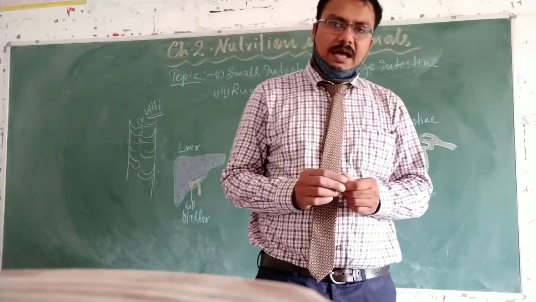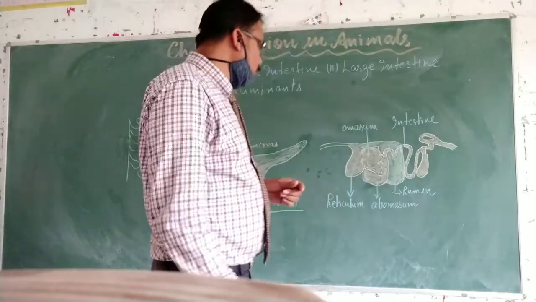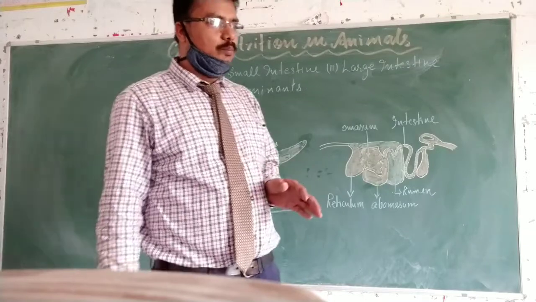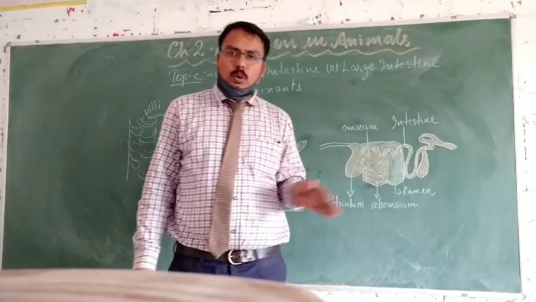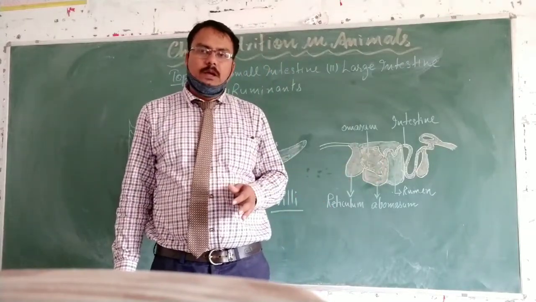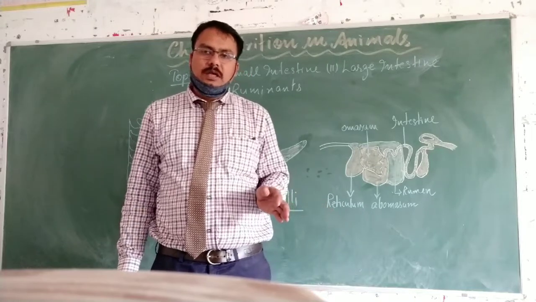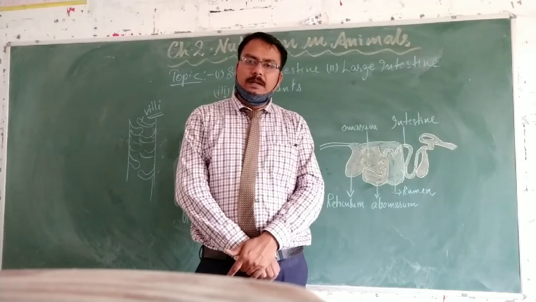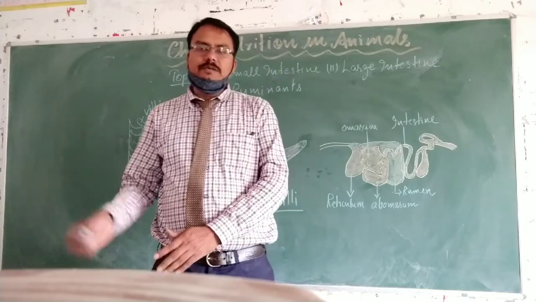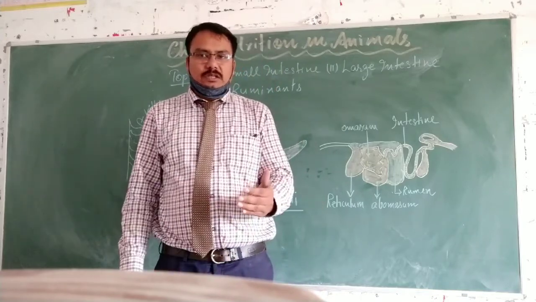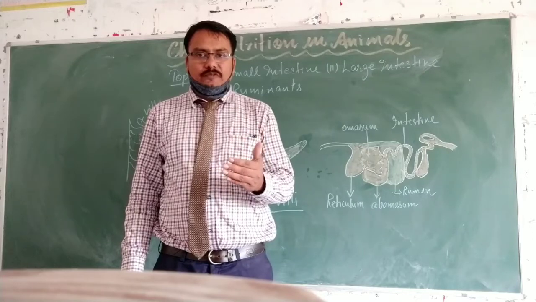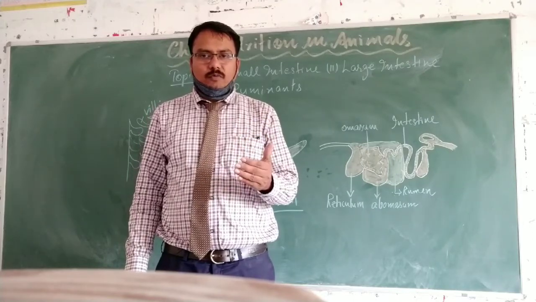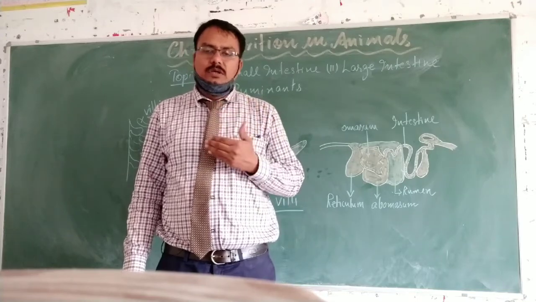Next, I will explain to you about creatures like cow, buffalo, goat, and horse. These creatures are called ruminants. Do you know why? Because other creatures chew the food only one time while eating and swallow it only one time.